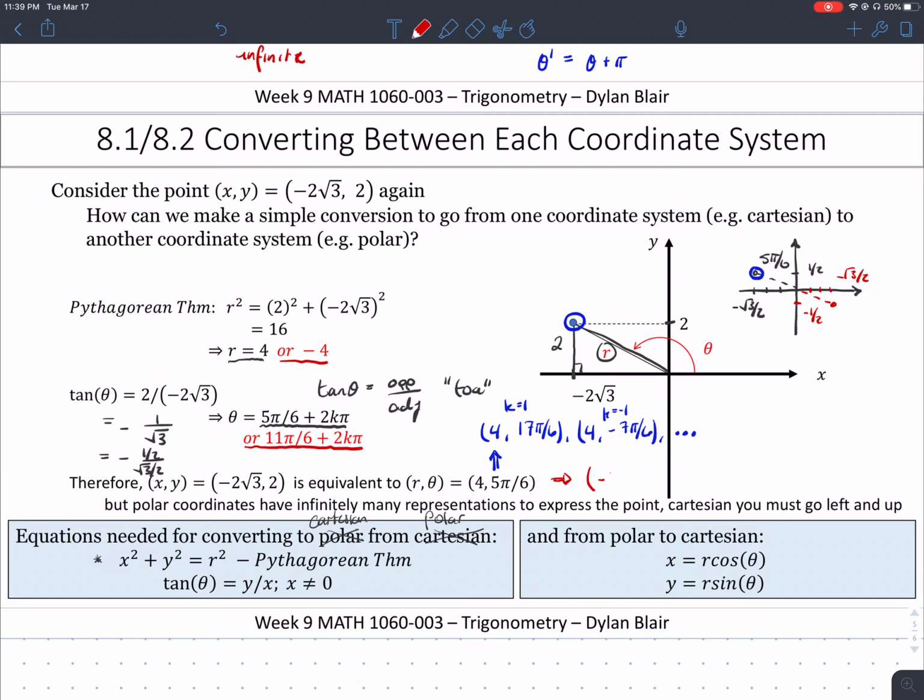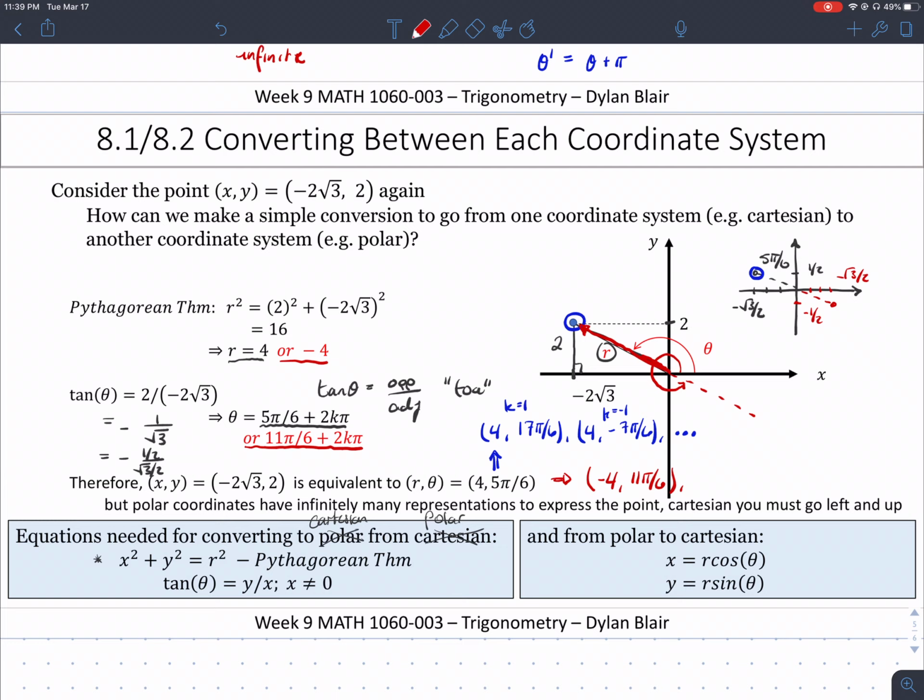However, we can even extend negatively and then rotate this other rotation. So we could take negative 4 and rotate by 11 pi over 6. Well, that 11 pi over 6 was this rotation. So if we rotated to that 11 pi over 6, but then went backwards in our extension, we end up back at that same point again, which is still equivalent.